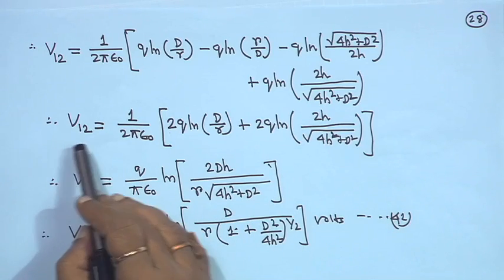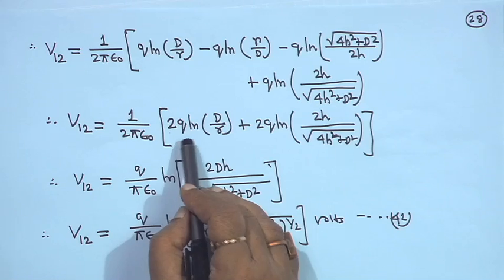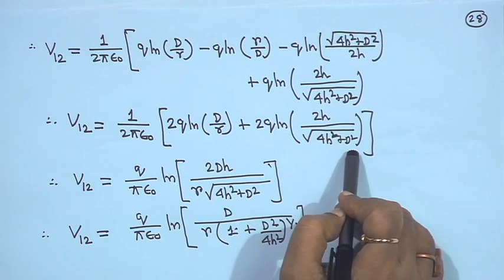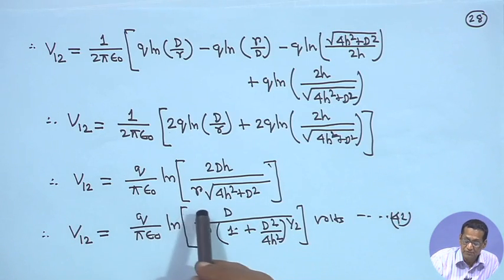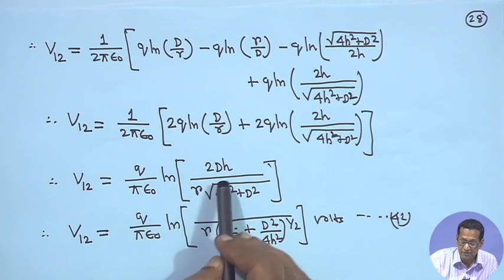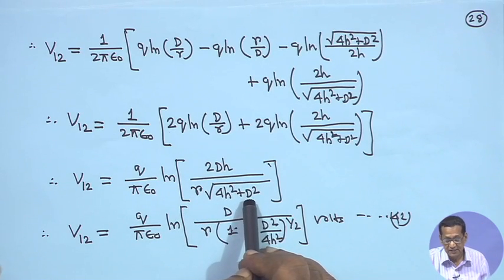So, V12 is equal to 1 upon 2 pi epsilon 0, after simplification, 2q ln d upon r plus 2q ln 2h root over 4h square plus d square. Therefore, V12 is equal to q by pi epsilon 0 ln 2dh divided by r root over 4h square plus d square.